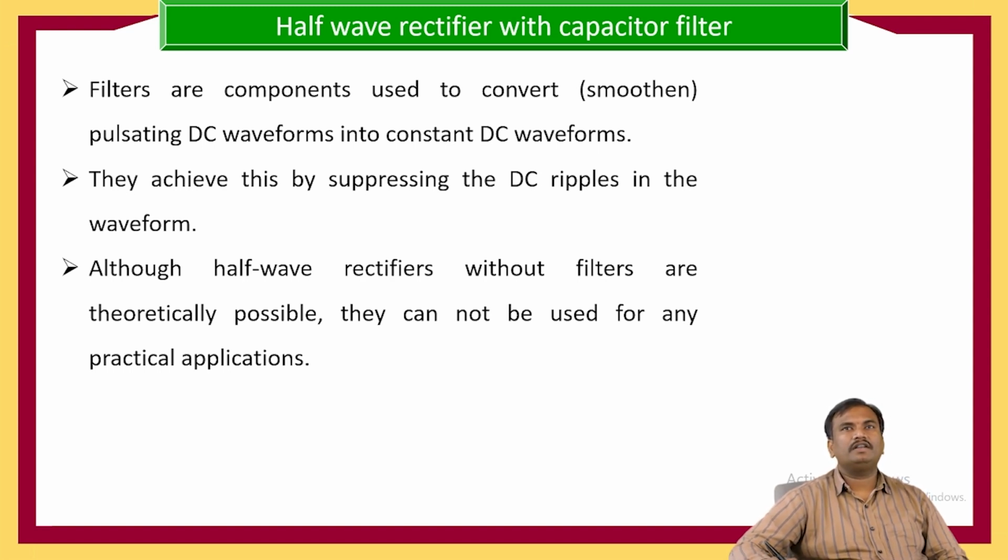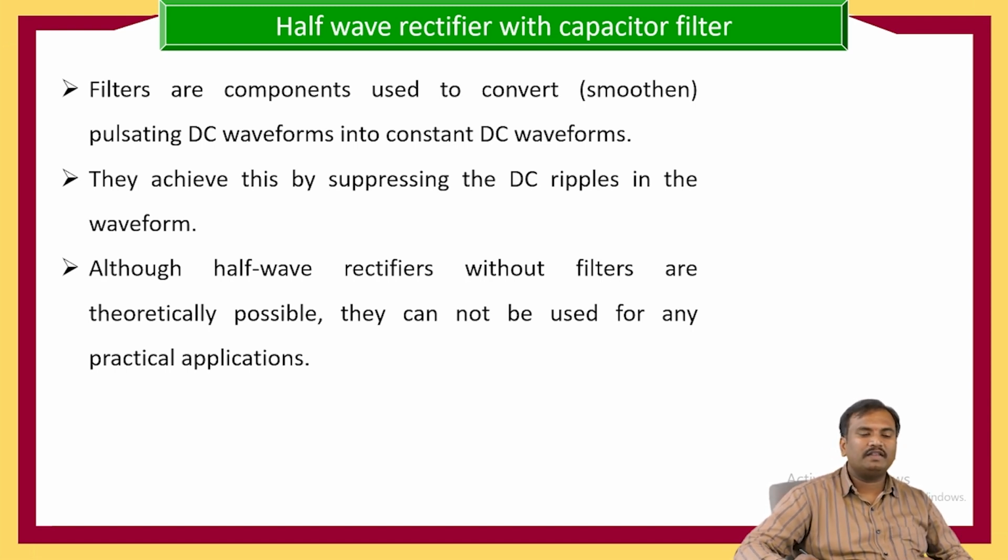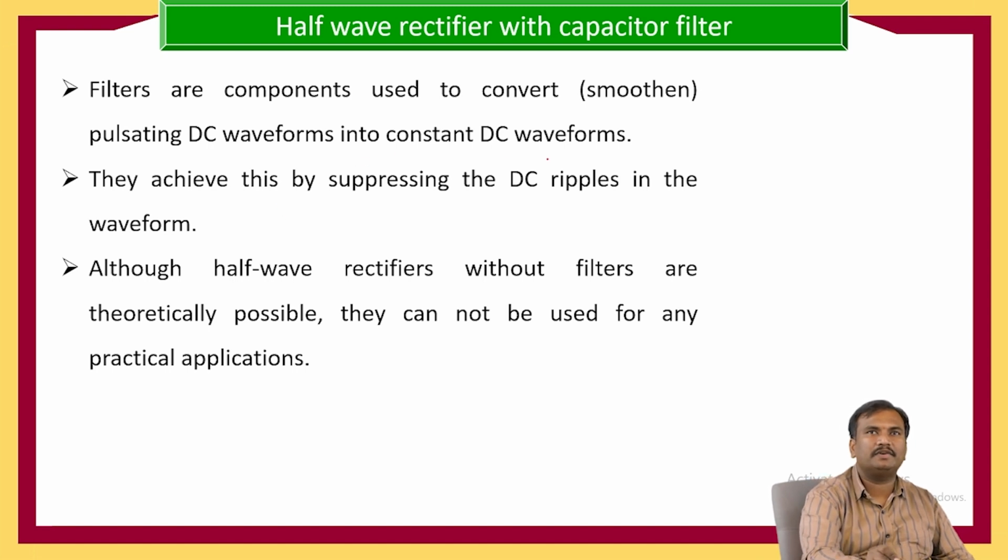Now let us go with the half wave rectifier with capacitor filter. Filter components are used to convert or smoothen the pulsating DC waveforms into constant DC waveforms. They achieve this by suppressing the ripples in the waveform.